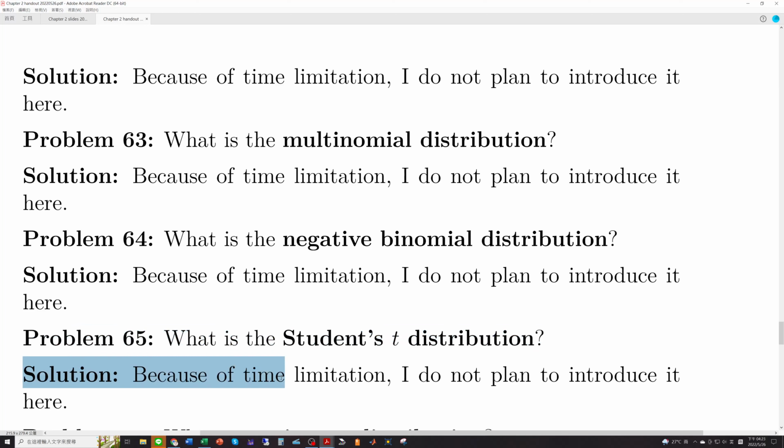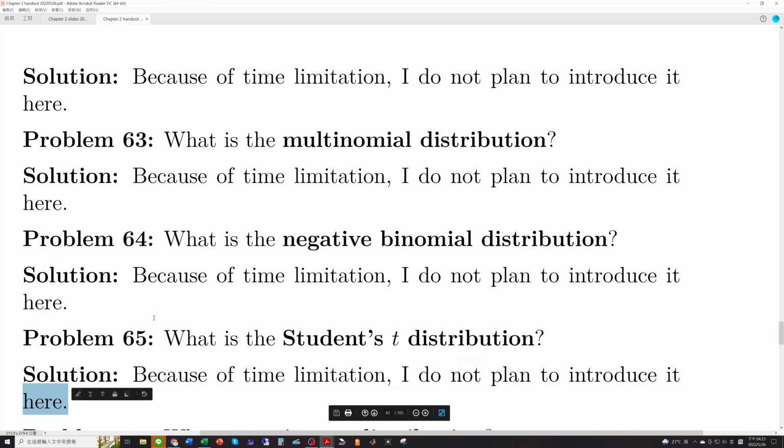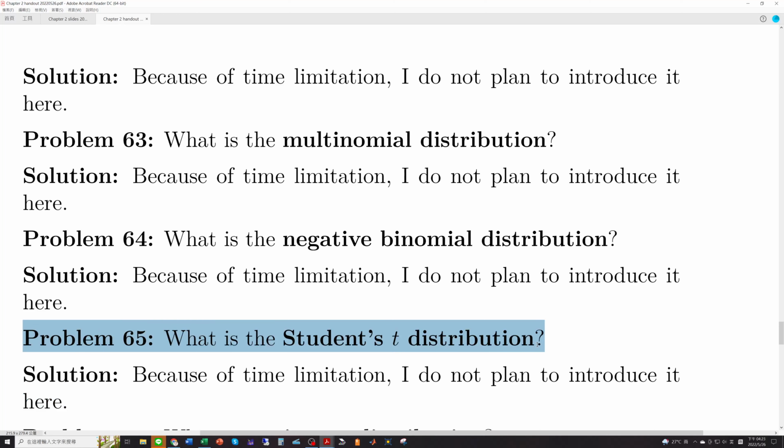Solution. Because of time limitation, I do not plan to introduce it here. However, if you have taken the course statistics when you were a university student, then you may have learned it in that course.